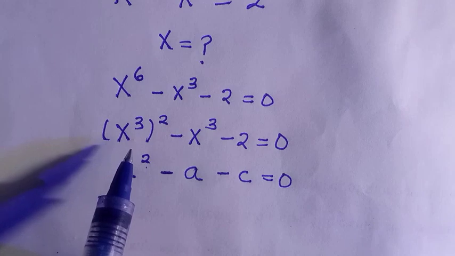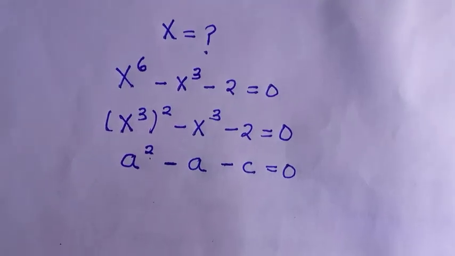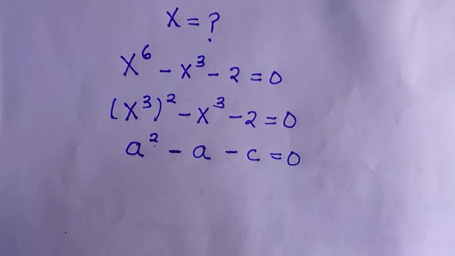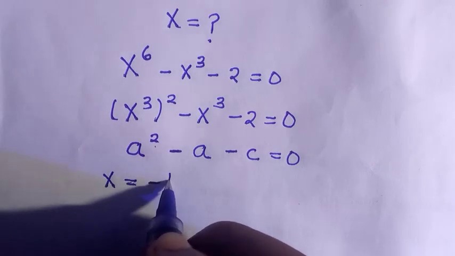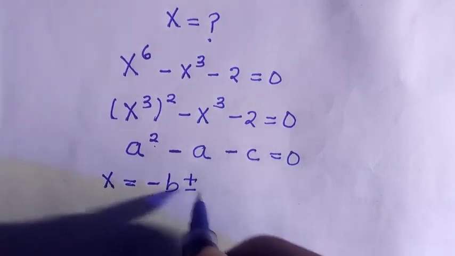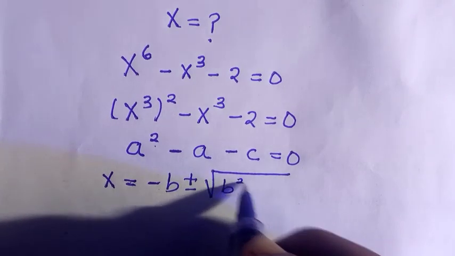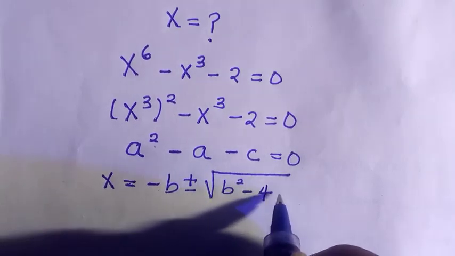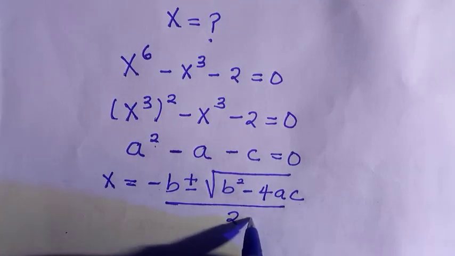If this x raised to power 3 is our a, and you borrow the knowledge of quadratic, instead of having just ordinary x, we are going to have x raised to power of 3 instead. Then from the quadratic formula, x equals minus b plus or minus the root of b square minus 4ac, everything divided by 2a.